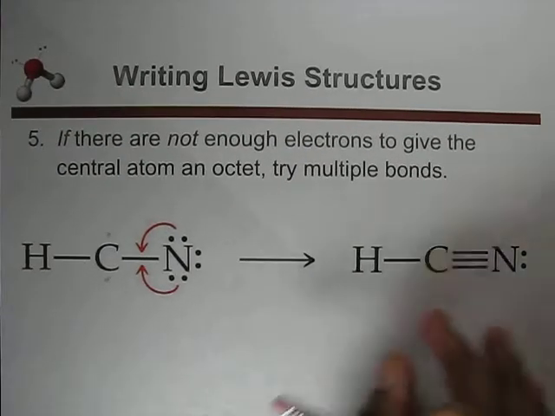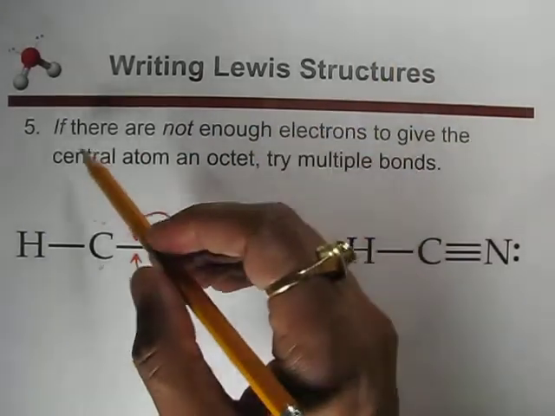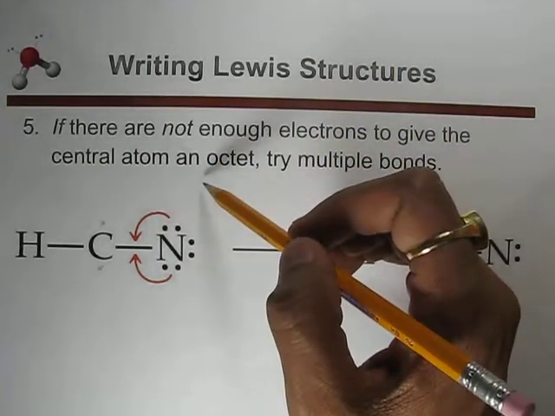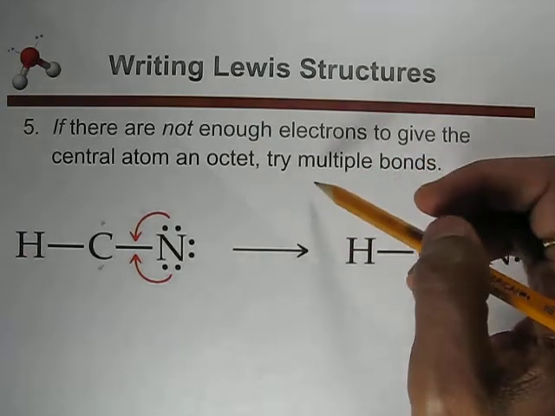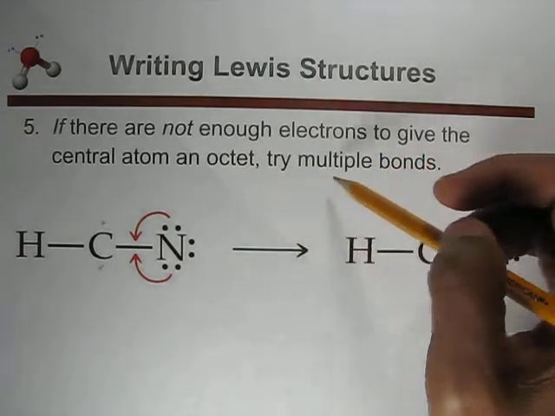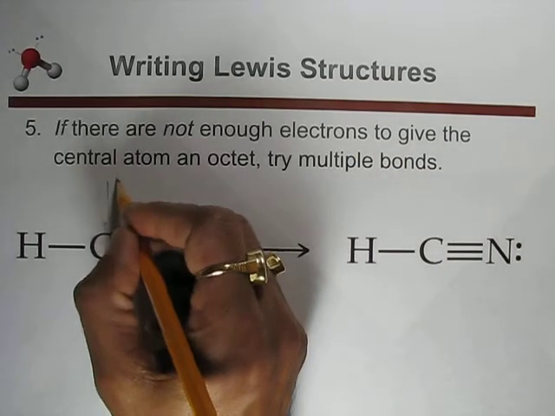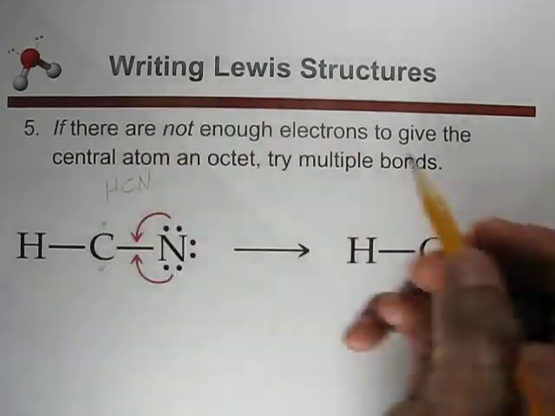Another example is this. If there are not enough electrons to give the central atom an octet, then try multiple bonds. So what happens in the case of HCN, hydrogen cyanide?